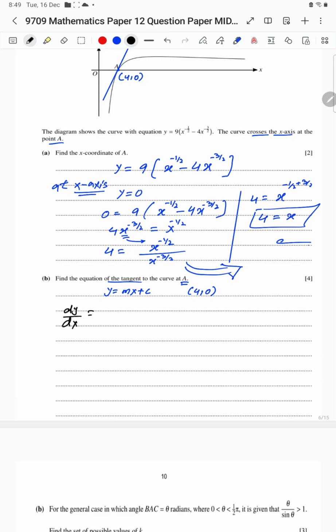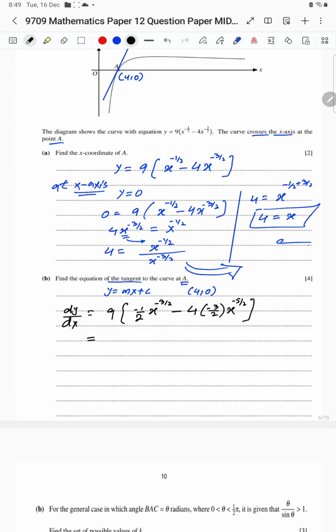dy by dx of this will be 9 times minus 1/2, applying the power rule, x to the power minus 3/2, minus 4 times minus 3/2 x power minus 5/2.